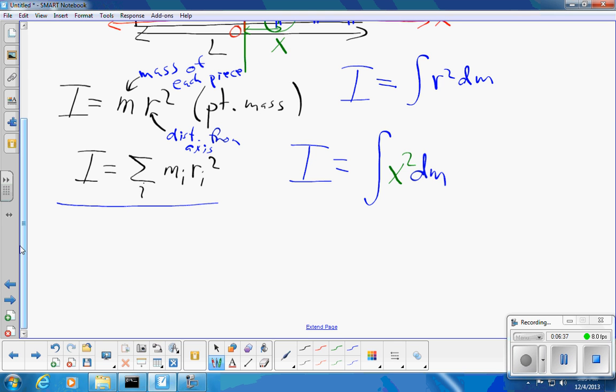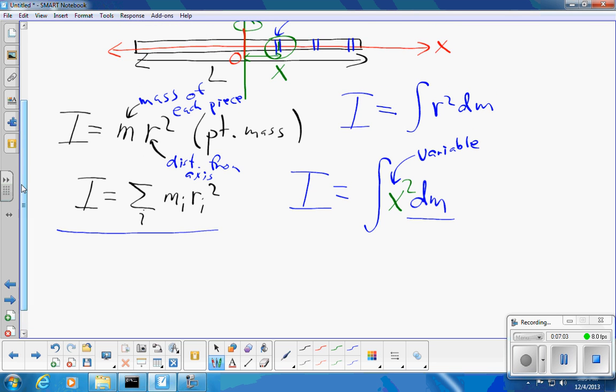Okay, so now I have to actually do this integral. And you remember, I hope, or if you don't, I'll remind you, that, because this is very similar to what we did with center of mass integration problems a few weeks ago, we look at this and we say, I can't integrate this yet because I need to take this dm. X is a variable, because each little piece of mass dm is a different distance from the origin of the coordinate system.